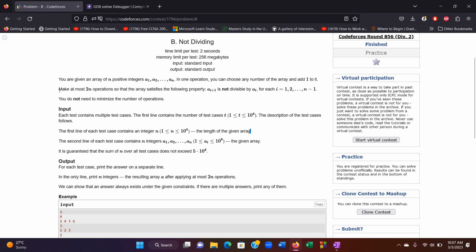The operation is that you can increase any value at a particular index of the array. Just add 1 to what it was before.